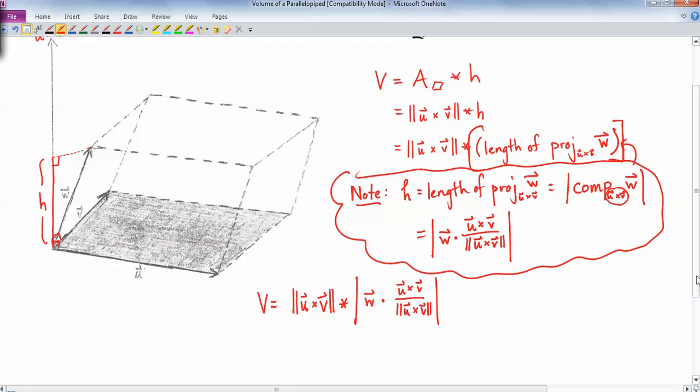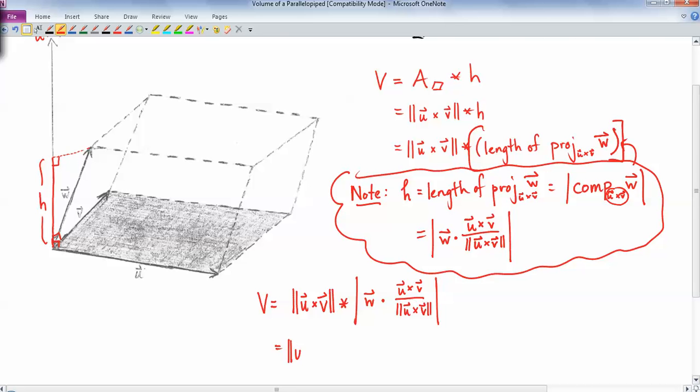So the magnitude of any vector, so U and V are non-zero here, so this magnitude is also non-zero. The magnitude of U cross V is going to be positive, right? So I can take it out of the absolute values and just keep it in the denominator. So let me rewrite it this way.